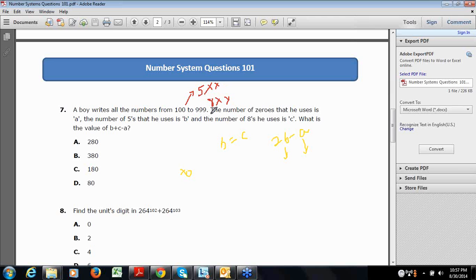So 5xx format also comes, 8xx format also comes. So B will be equal to C. Suppose it was written as from 100 to 500. Now in this case 108 will not be, B will not be equal to C.